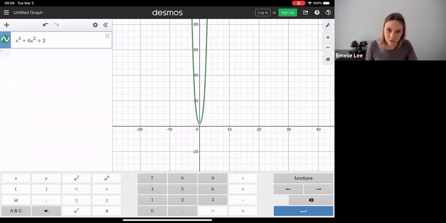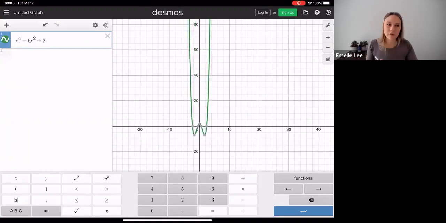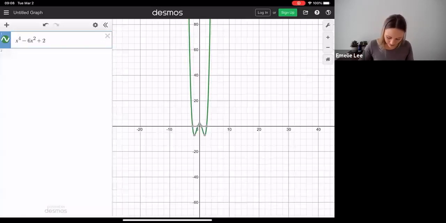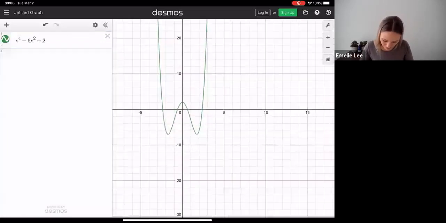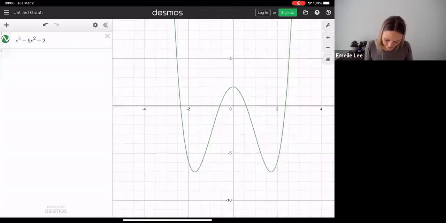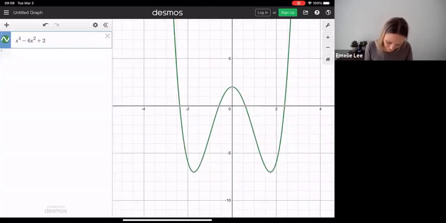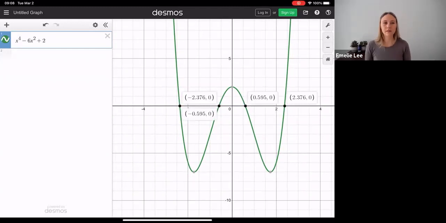Sorry, minus 6x squared, I think. Looking at the chat there. Okay. So I'm going to zoom in here. It looks like we have a couple of different solutions here.